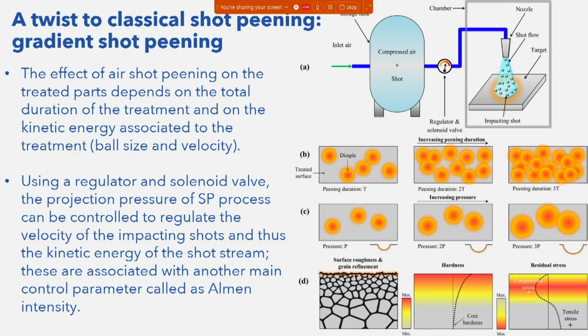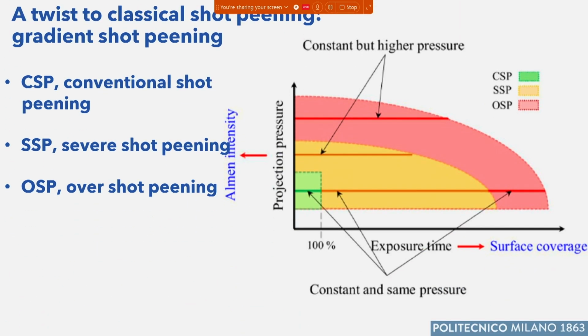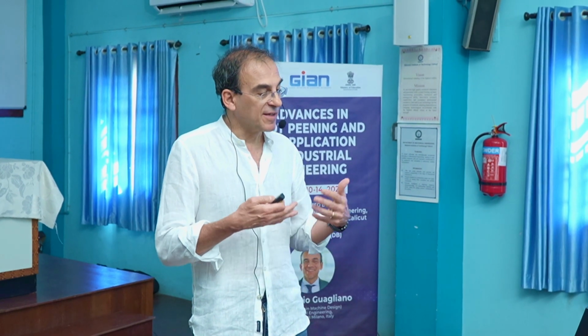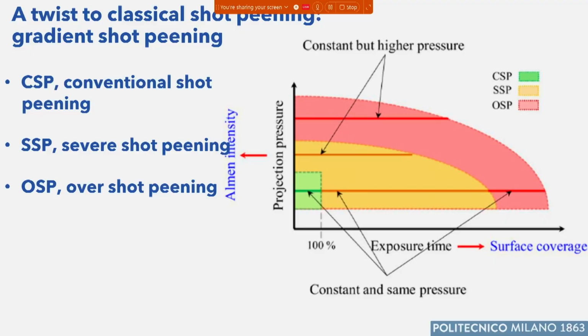I have defined in the last day severe shot peening as the shot peening treatment that is able to emphasize the effect of shot peening in terms of microstructural grain refinement.